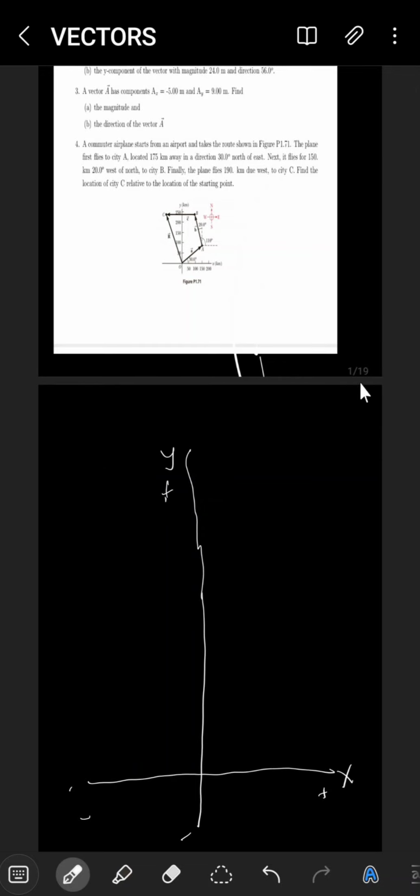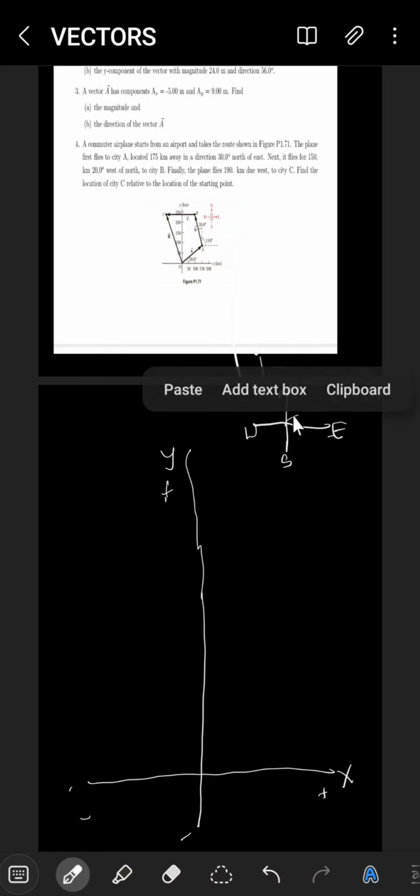North of east. For those that watched the previous video, you can easily get the concept from here. For those watching this one for the first time, you can still get the concept here. This is the compass. In the previous video, we talked more about how you can use the compass to denote direction. So the direction is north of east.